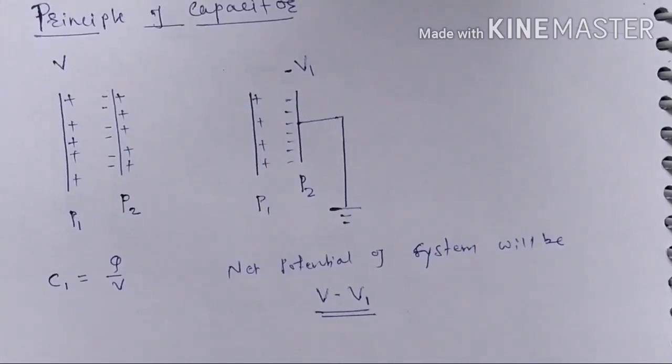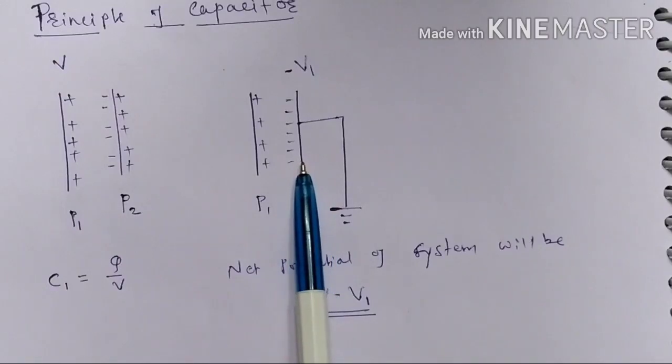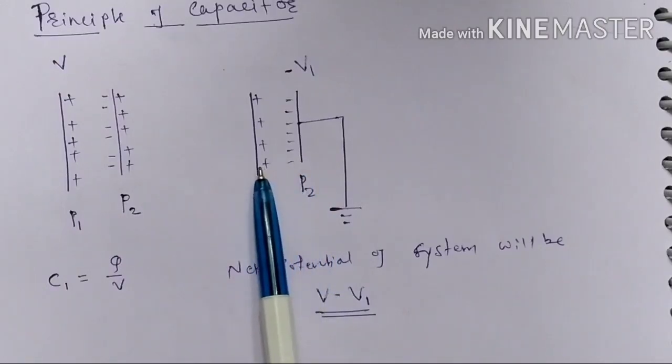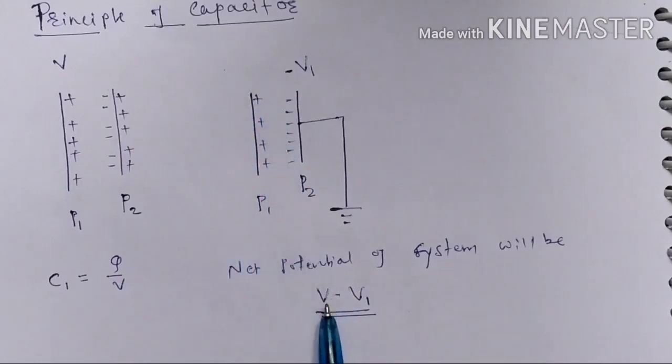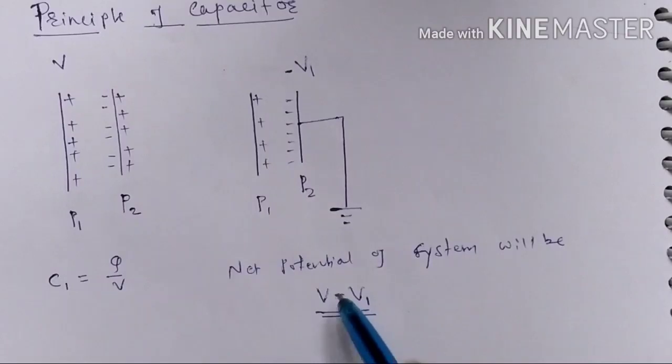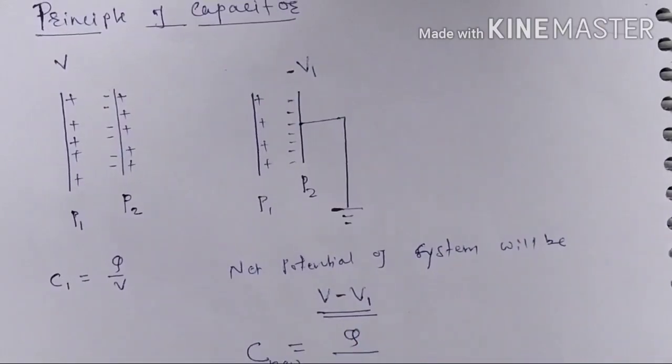Okay. It means that when another identical plate is placed near plate P1, the potential of plate P1 decreases. Here it is V minus V1. The negative sign means a decrease in potential. So the new capacitance will be Q upon V minus V1.